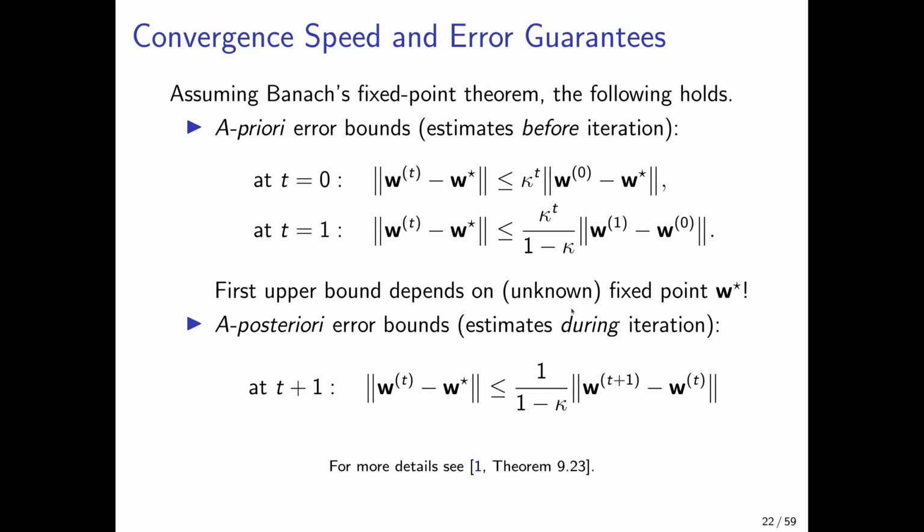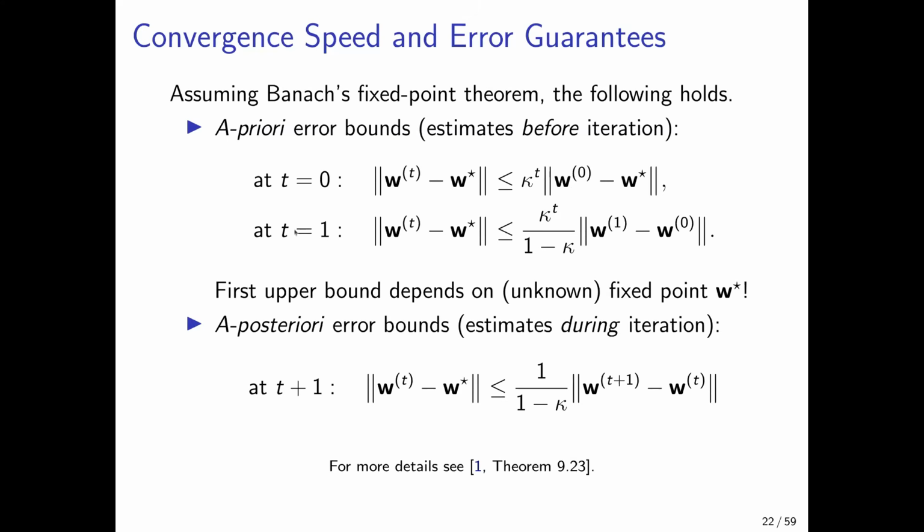And so for instance, if we consider t equals 0, we have just the initialization, W0, and then we can already get an upper bound for the error at time t. So the distance between Wt in the future after t fixed point iterations to the fixed point. And of course, this bound depends on the initialization, and it depends on kappa and on t.